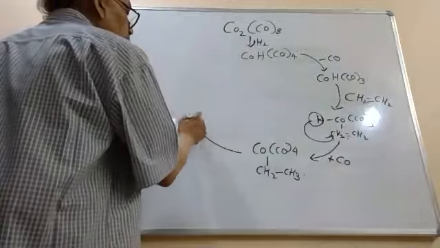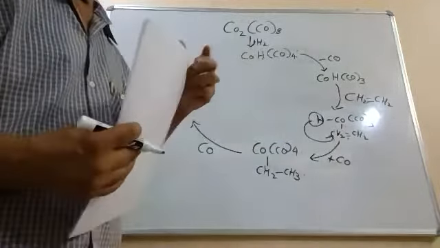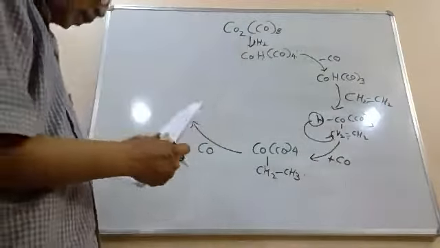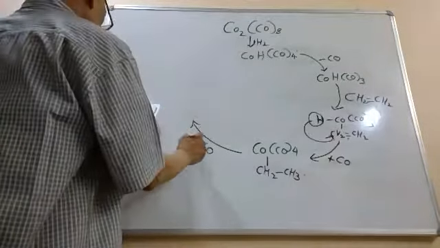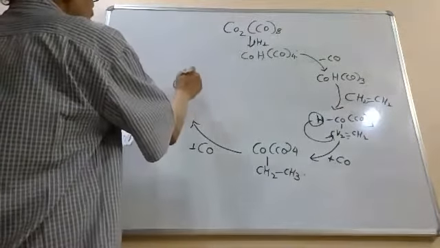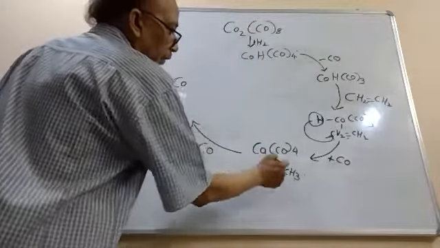And the next carbonyl ligand, remember the reactants here are ethylene, carbon monoxide, and hydrogen. So this carbon monoxide now goes and gets inserted between the cobalt and the ethyl groups here.